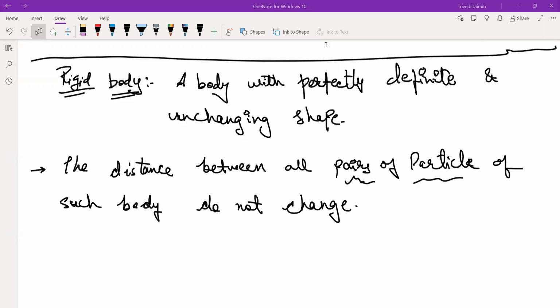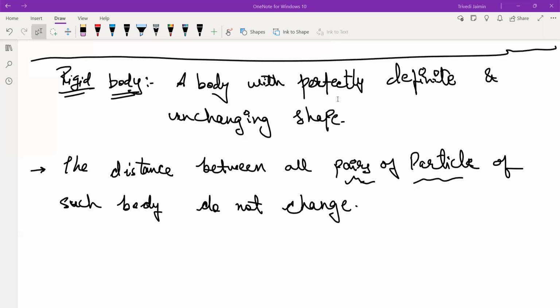Water cannot be a rigid body. Fire cannot be a rigid body. What about a bridge? Yes, a bridge is the best example. Wall and bridge are the best examples of a rigid body. A wall is very rigid until we break it or apply some extra force.